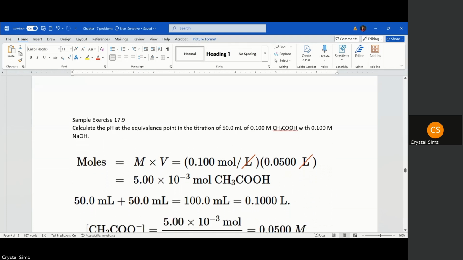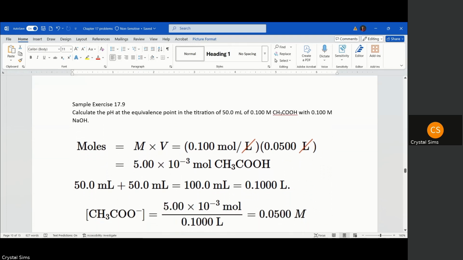So to figure out the concentration of the acetate ion, we can take the 5.00 times 10 to the negative 3 moles that we calculated of acetic acid and divide that by the total volume. That gives us 0.05 molarity for the acetate ions.